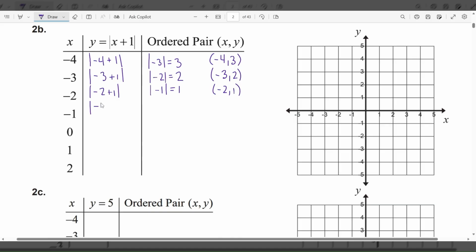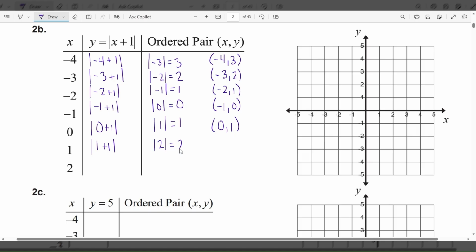Absolute value of negative 1 plus 1. That gives me the absolute value of 0, which is 0. That gives me negative 1 and 0. Absolute value of 0 plus 1. 0 plus 1 is 1, so the absolute value of 1 equals 1, which gives me the ordered pair 0, 1. Absolute value of 1 plus 1 gives me 2.